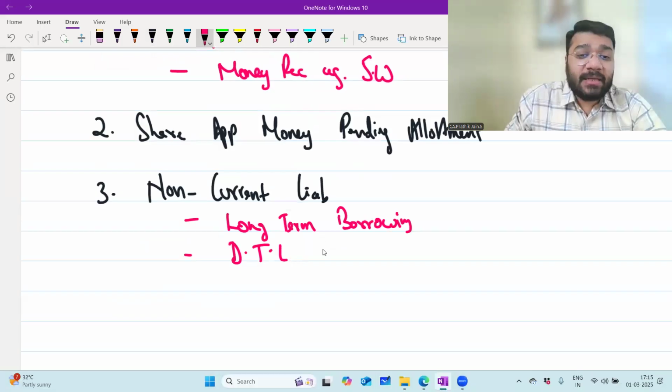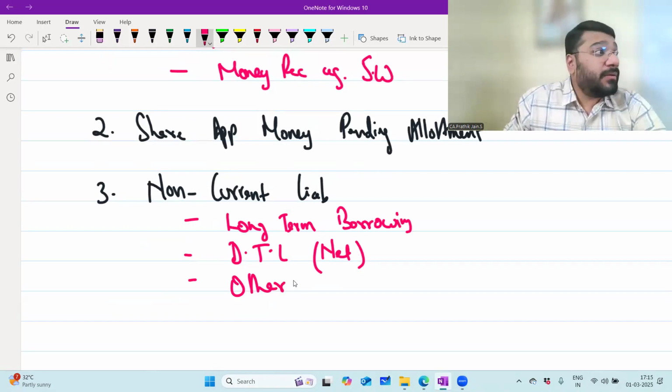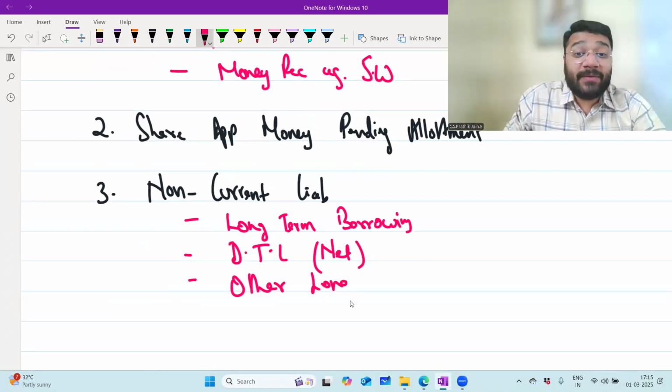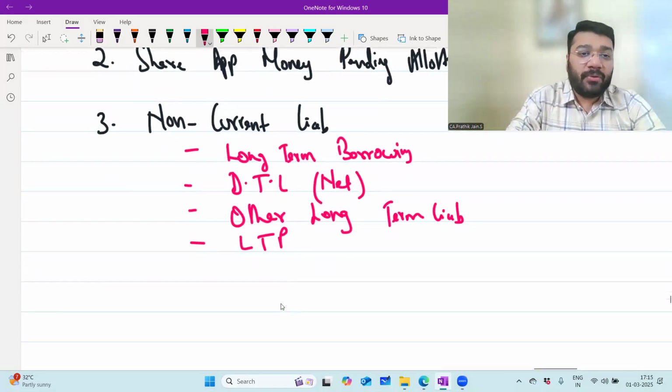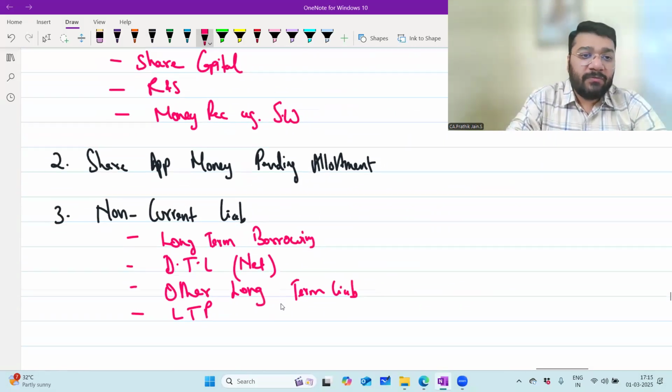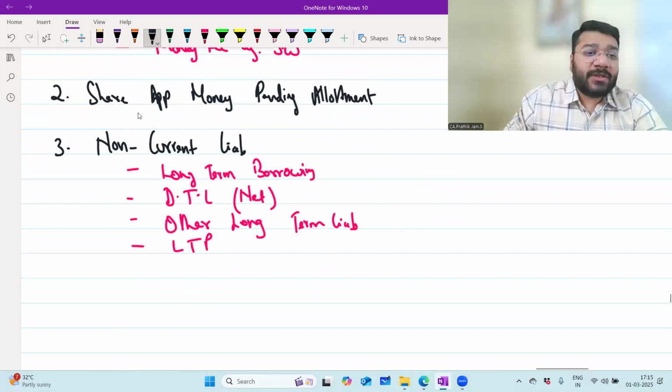Deferred tax liability, net. Other long-term liabilities. Be very careful. Then long-term provisions. Wonderful. And the fourth classification is current liability.